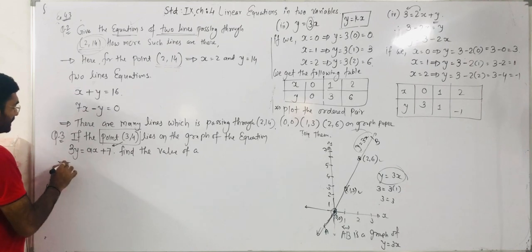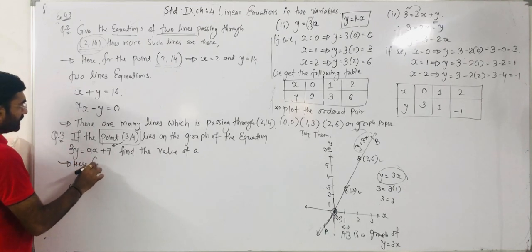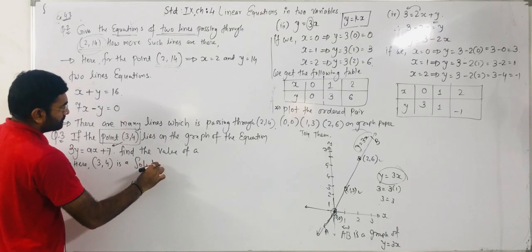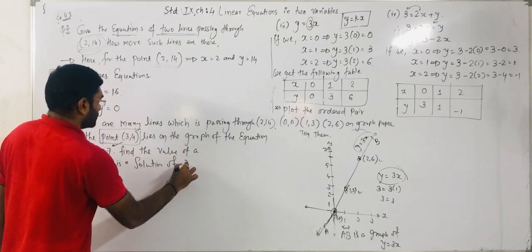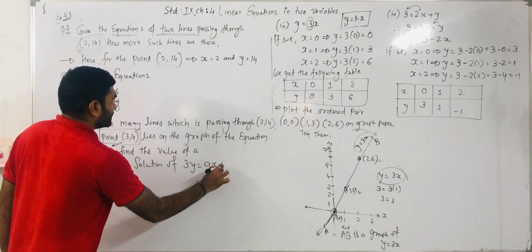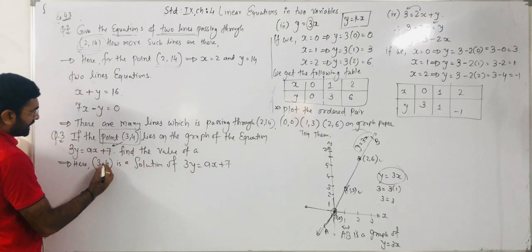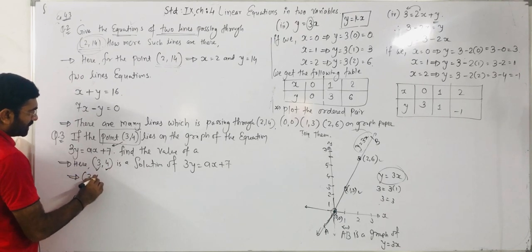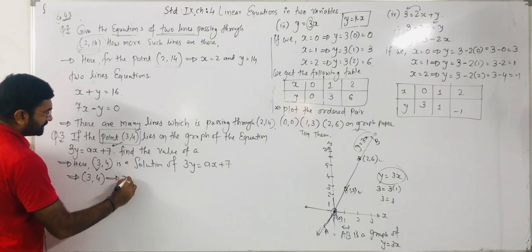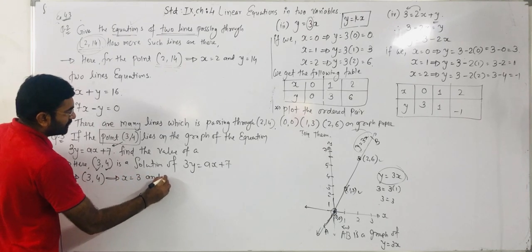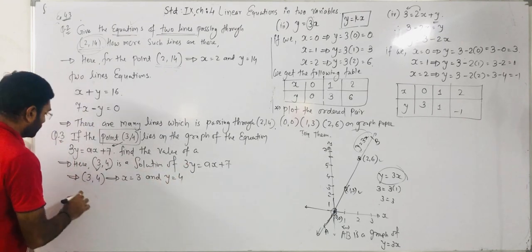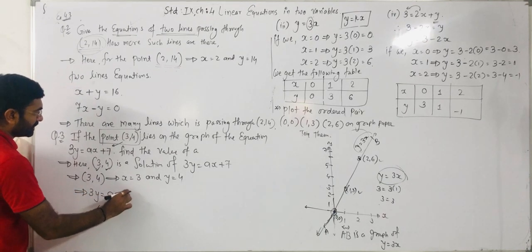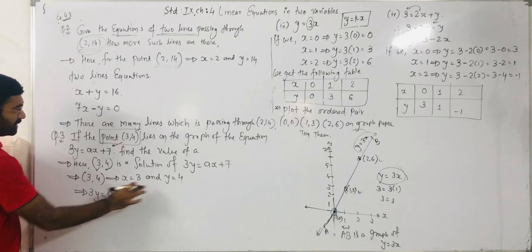So we take x as 3 and y as 4. The point (3, 4) means x = 3 and y = 4. So we take that value in the equation 3y = ax + 7, in which I take the y value as 4.